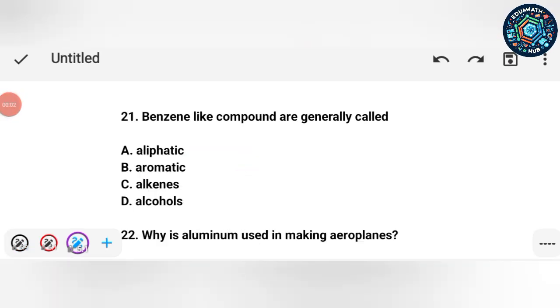Benzene-like compounds are generally called what? So basically, in organic chemistry, you have aliphatic compounds and aromatic compounds. Those are the two major classifications. So these alkenes are under aliphatic. Benzene and benzene-like compounds are generally called aromatic hydrocarbons, so aromatic compounds, because they tend to form closed chains like this.